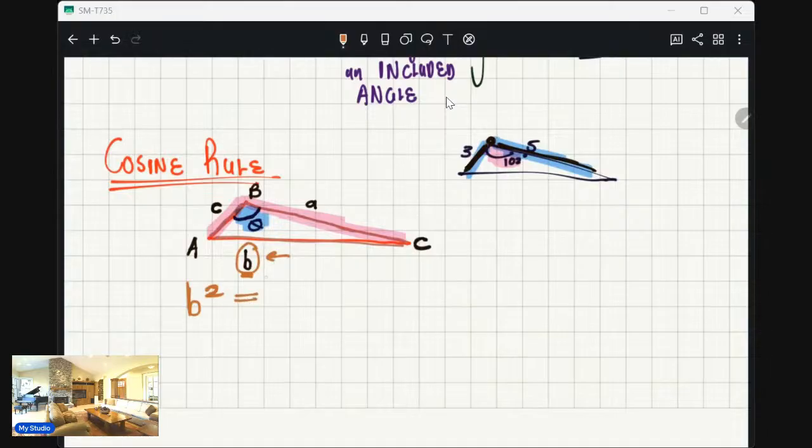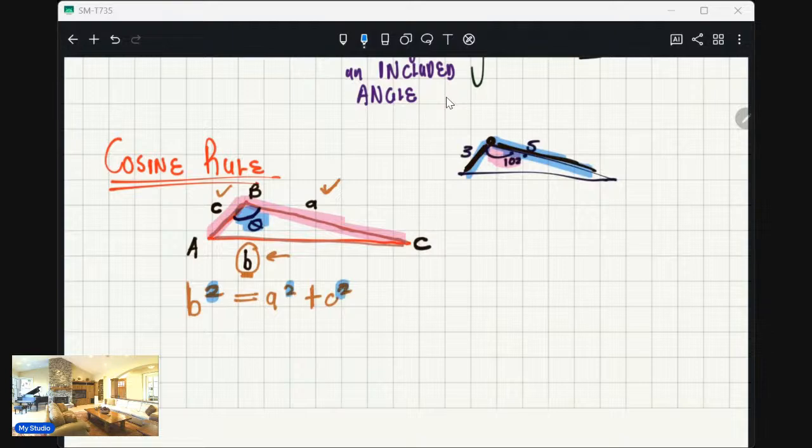It will be equal to the other two sides. What are the other two sides? We have A and C. So we have taken B, and we are left with A and C. So you say b squared is equal to a squared plus c squared, the other two sides. Make sure you put the squared.